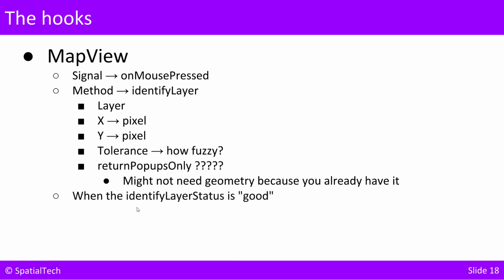And then you have to tie back in, I guess, to the map view and look for this identify layer status. So you have to hook into a signal, identify layer status changed, and when it is good, right, you got to hit. You hit on a feature. Then you can ask for the information.